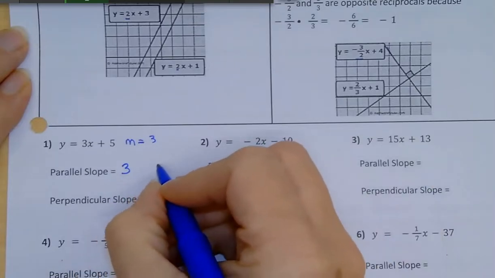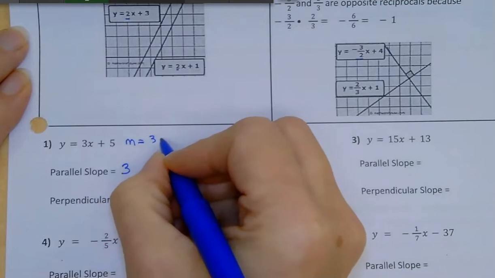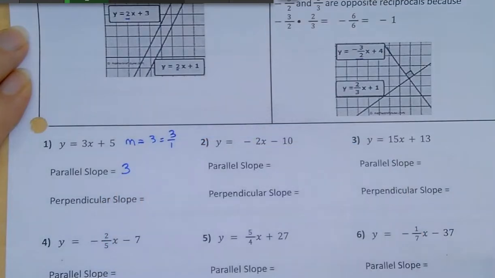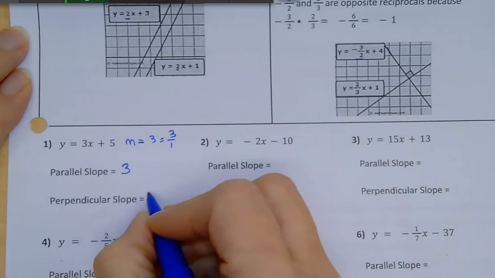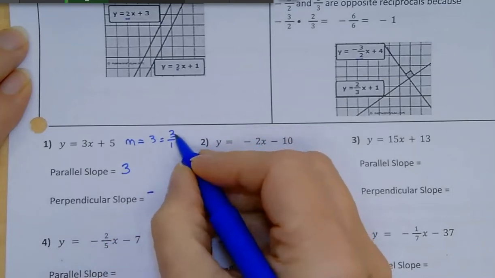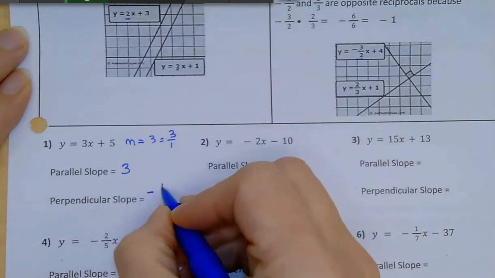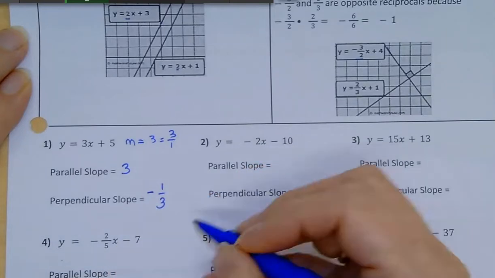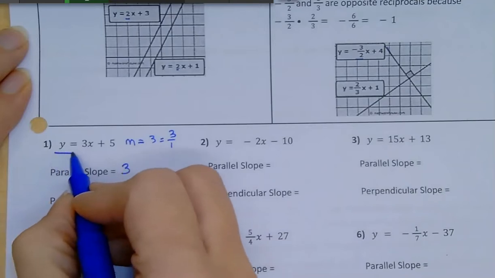So I'm going to think to myself, 3 also is 3/1. Now I have a fraction. A perpendicular slope is the opposite reciprocal. So I need the opposite sign. It's going to be negative, and I'm going to flip that guy upside down, and so I will say -1/3. That is the slope of any line that is perpendicular to my original line.